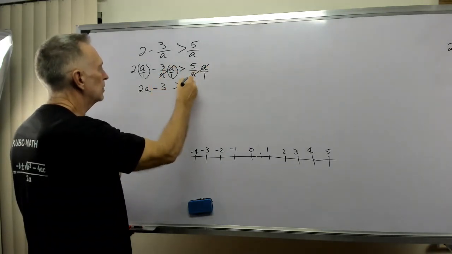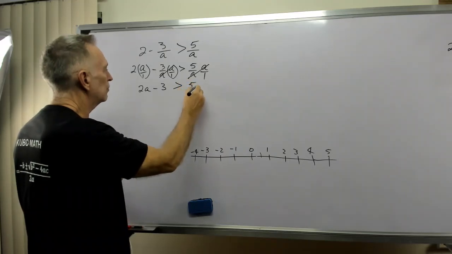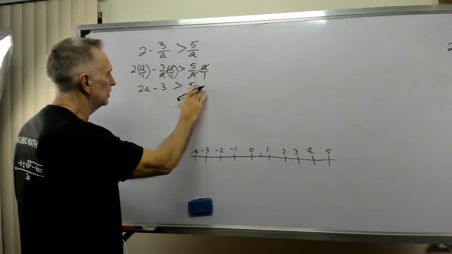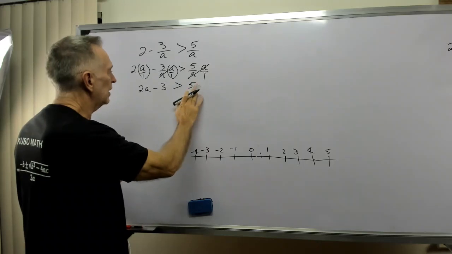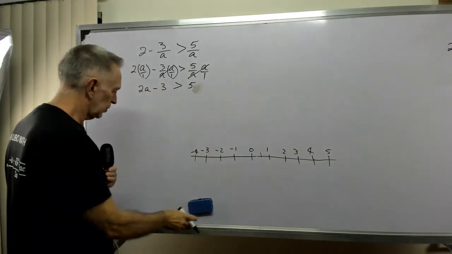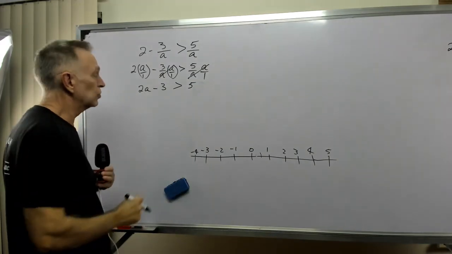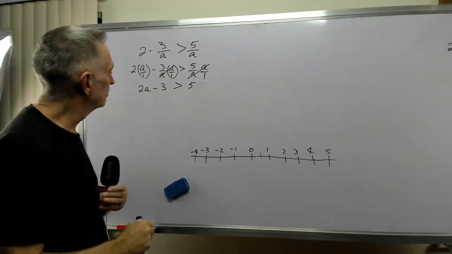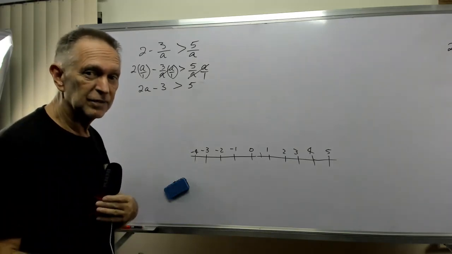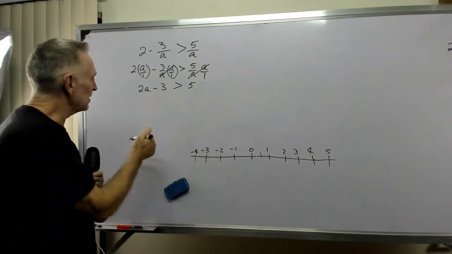And that's greater than, these a's cancel, times 5. Okay, so 2a minus 3 is greater than 5. The fraction has been greatly simplified.